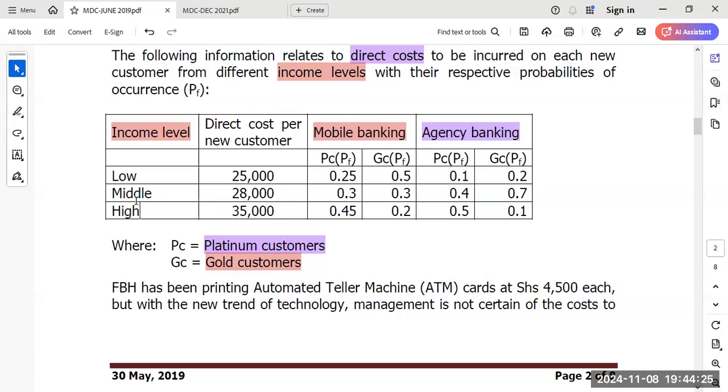We want to know the probability of a customer falling under low income level when it comes to mobile banking. The customer is a platinum customer with low income level, and the probability is 0.25.